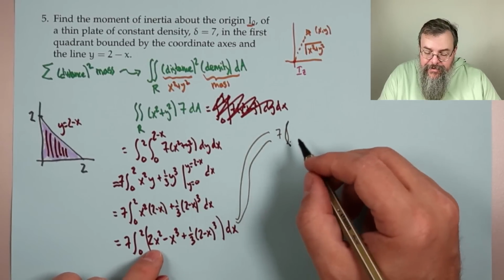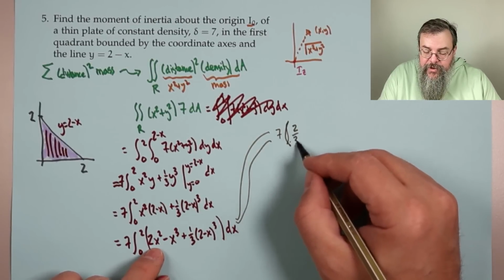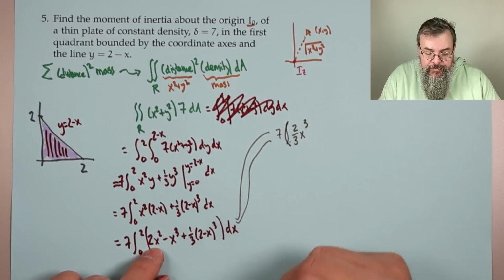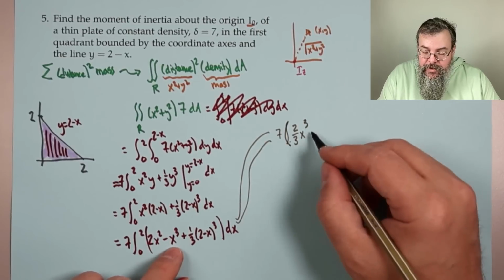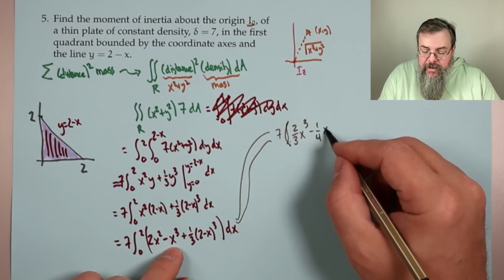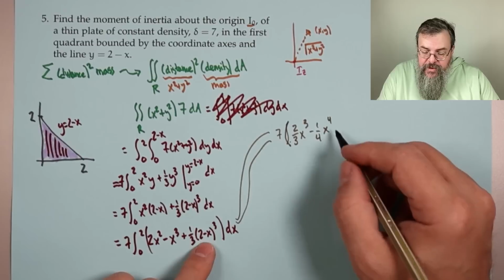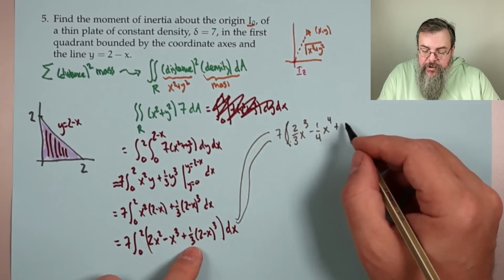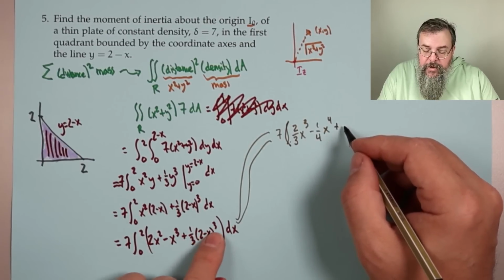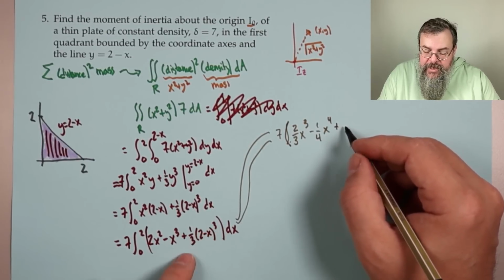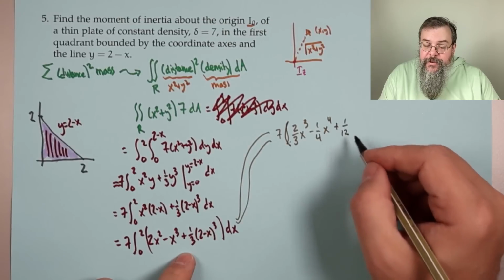Integral of x squared, 2/3 x cubed. Integral of x cubed, 1/4 x to the 4th. Integral of 2 minus x cubed, there's already 1/3, so it's going to be 1/3. We're going to add 1, so that's going to be 4. Bring it down, 1/12.